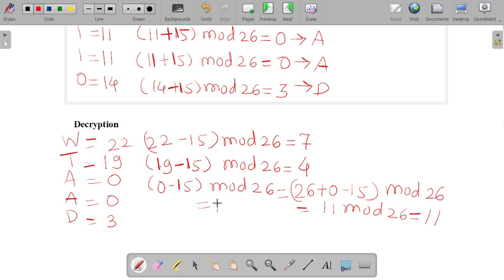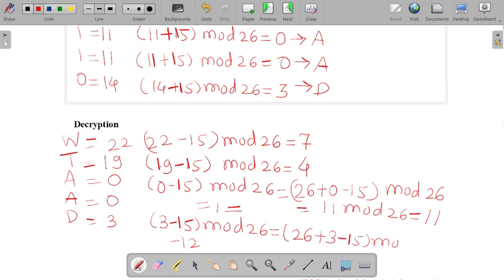Same for this A alphabet. And for D, we will take 3 minus 15 mod 26. Again, we get a negative value. 3 minus 15 gives minus 12, and for minus 12 also, there is no alphabet. So how do we adjust that value? You have to add 26 here: 26 plus 3 minus 15 mod 26.